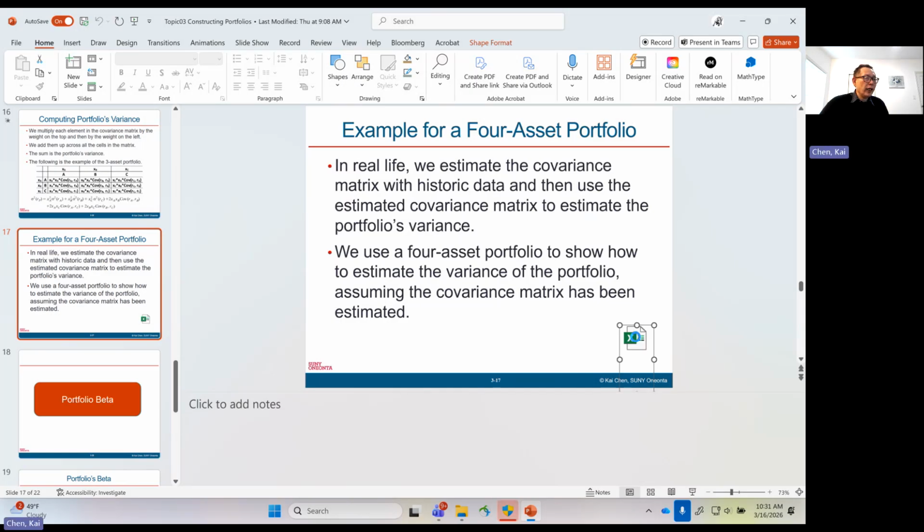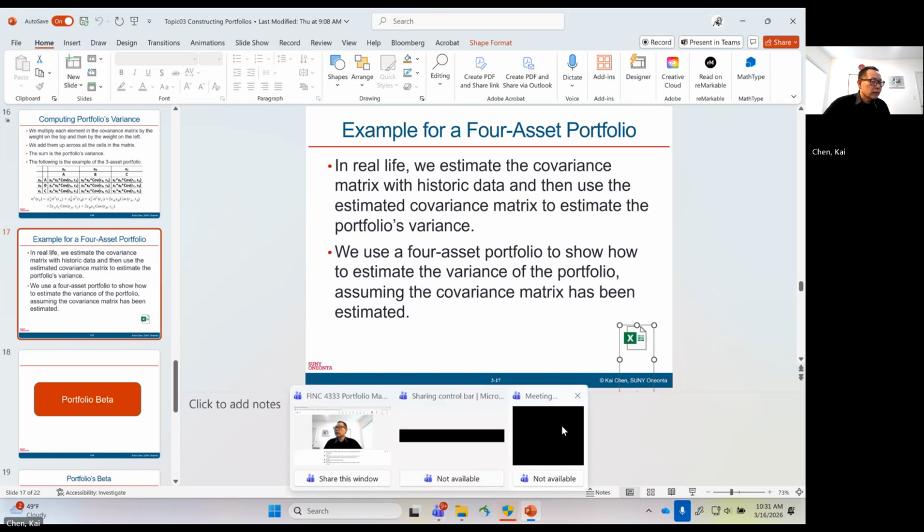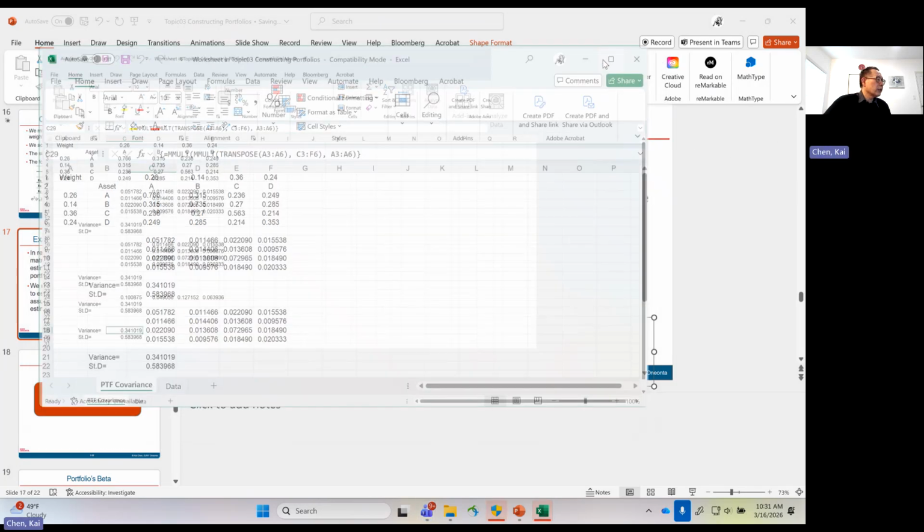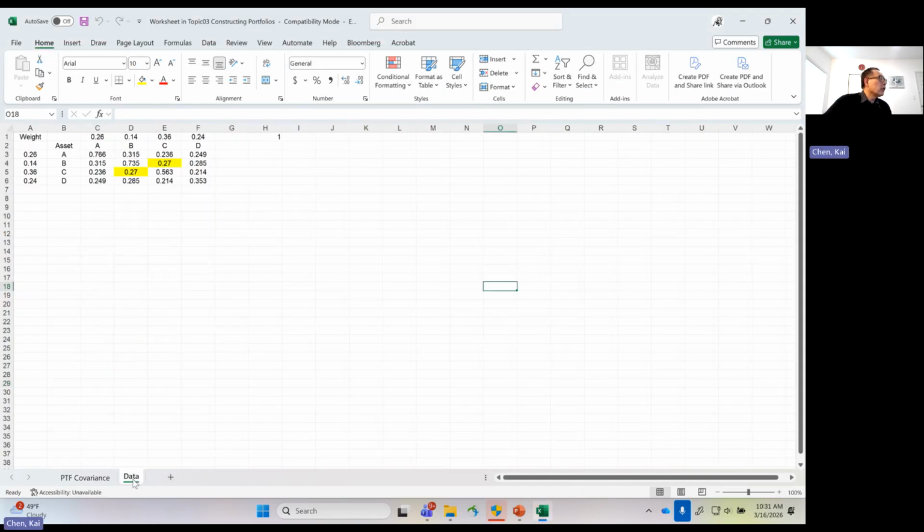I open this Excel file. Now you can see the Excel, right? Here it is a covariance matrix.